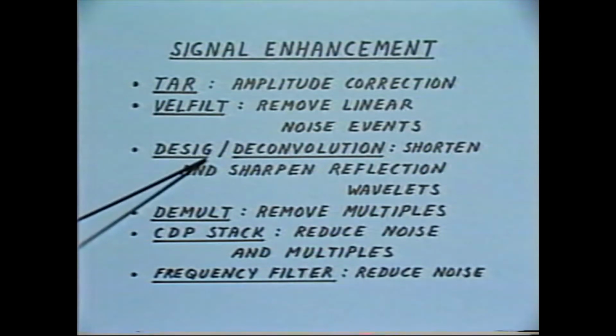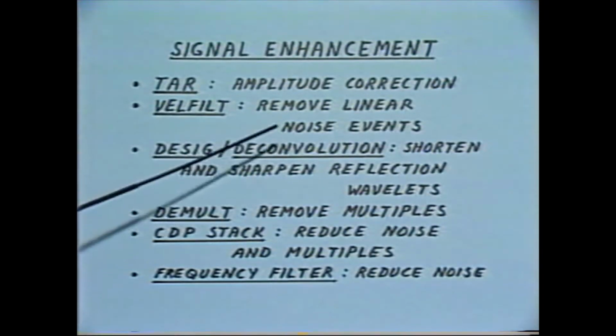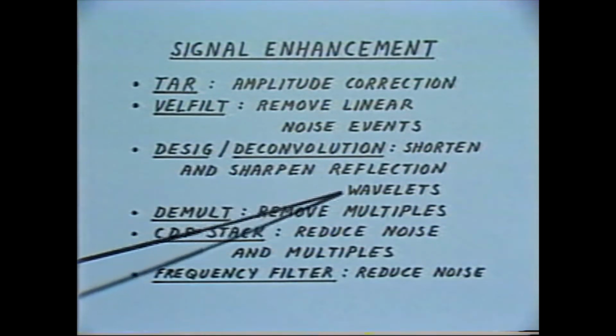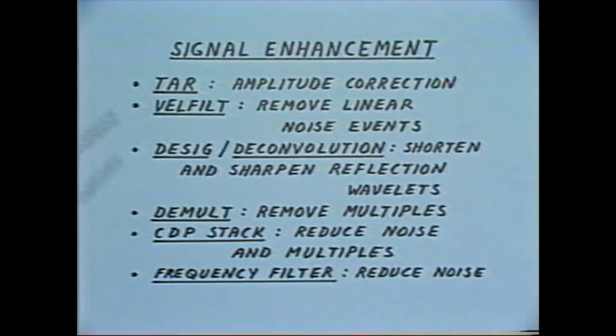A later version of that process is called designature, or DESIG for short. The aim of these processes is to shorten and sharpen the reflection wavelets so that they give a clearer, better resolved picture of the primary reflections. If the multiple reflections are particularly strong, then a special process called demult may be used to remove or reduce them.